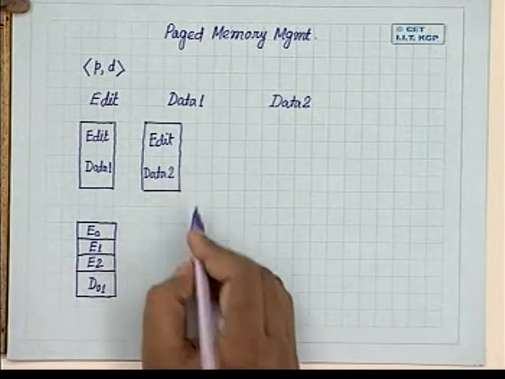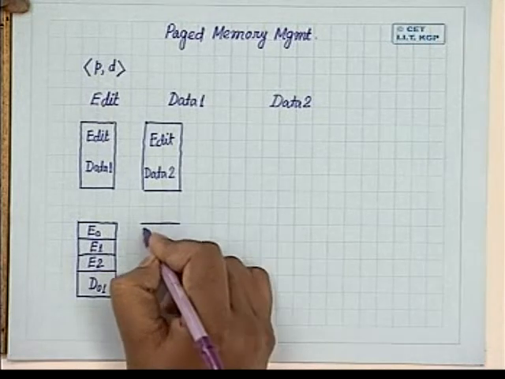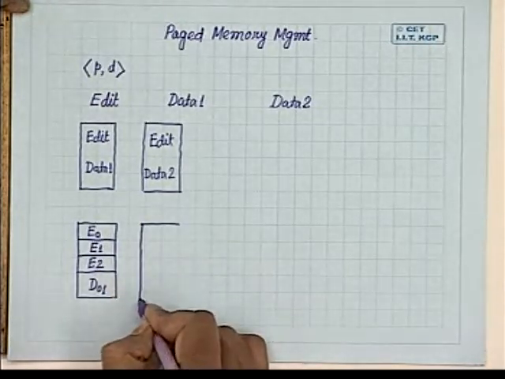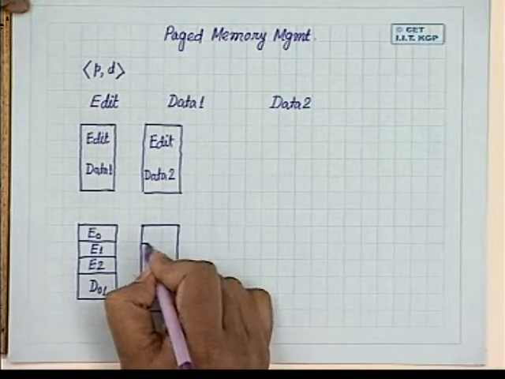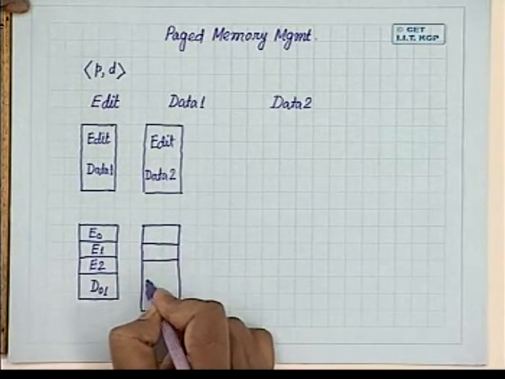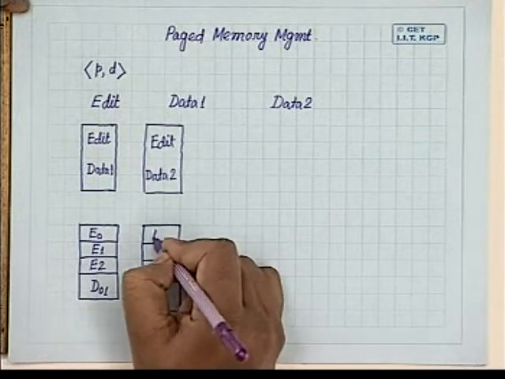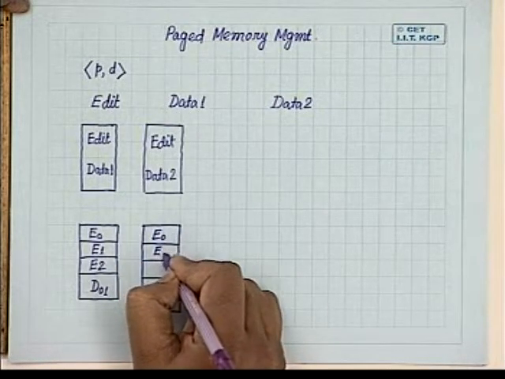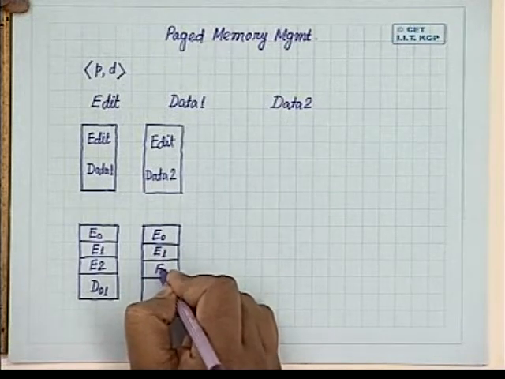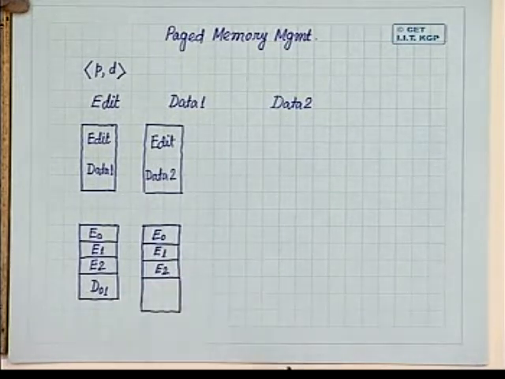Similarly, for user 2, the logical address space can be broken in a similar way. The edit code will remain the same. So it will be the same E0, E1 and E2. These are the pages corresponding to the edit code.